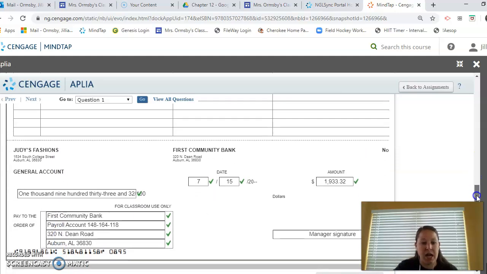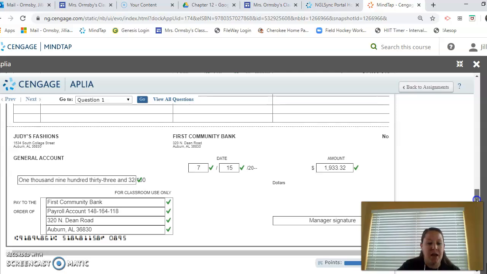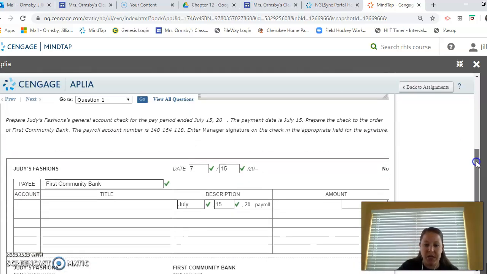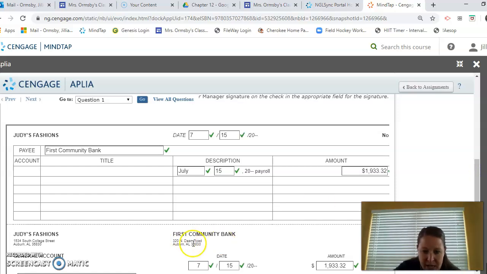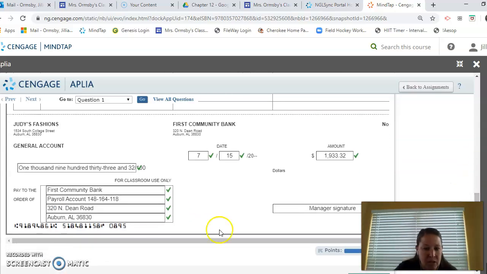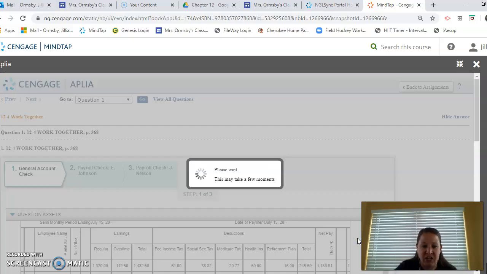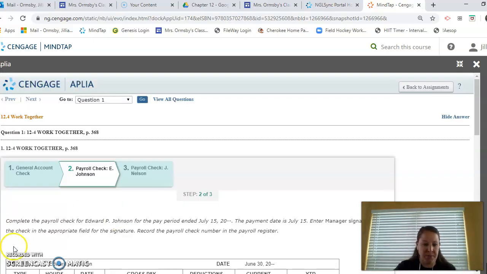Then the third line is going to be the address of the company, so it's going to be 320 North Dean Road, Auburn, Alabama 36830, written down here at the bottom. And then next we're going to use the manager signature to sign the check and officially transfer the money over.